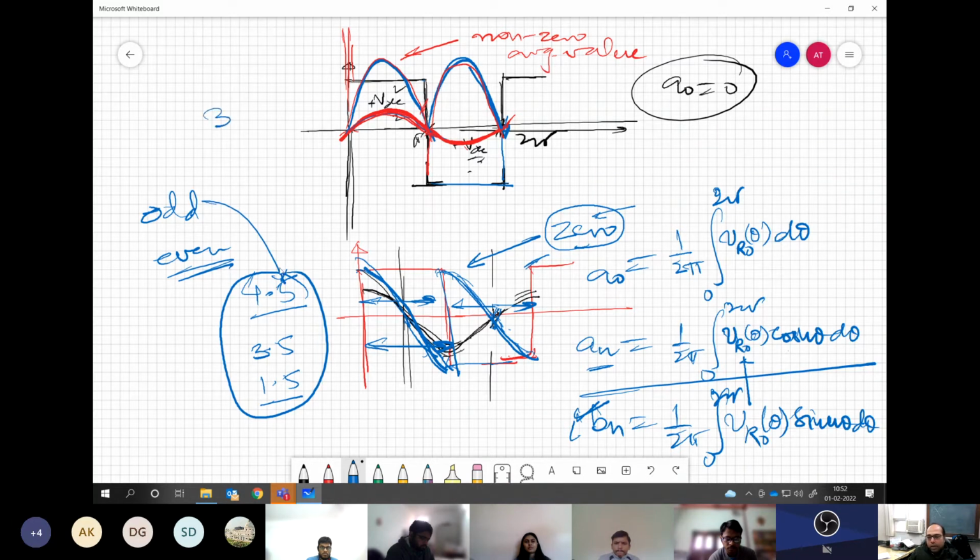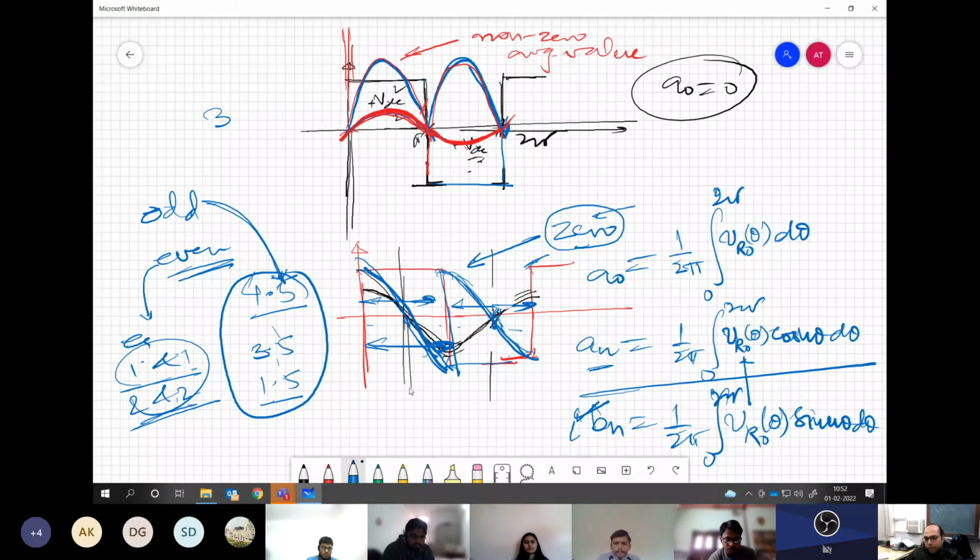Say the frequency is 3 times. So you will have 1.5 cycles over here, 1.5 cycles over here. So the condition for odd is different, and when you have even, you will have an equal number of cycles, say 1 and 1 or 2 and 2. This is an integer number, what you are seeing over here. So these two also will behave differently.